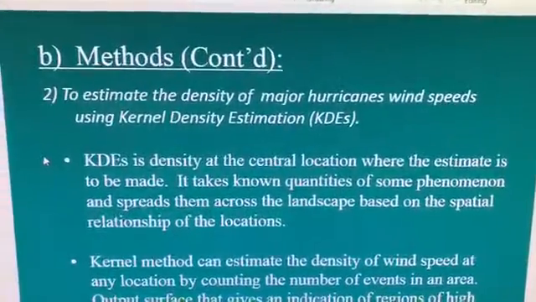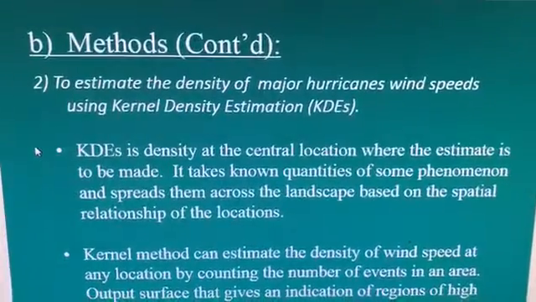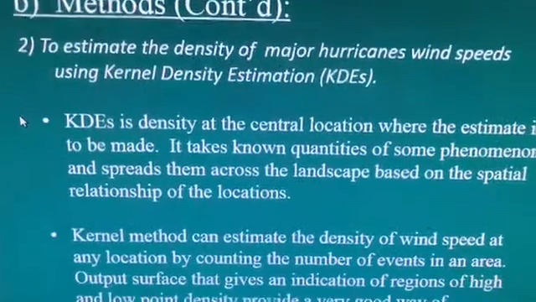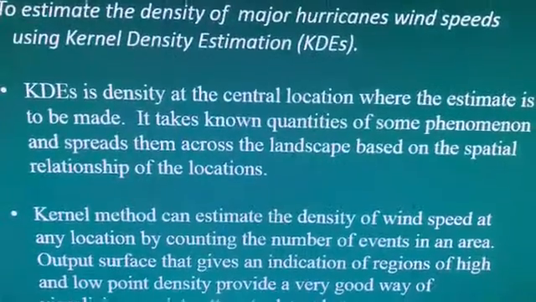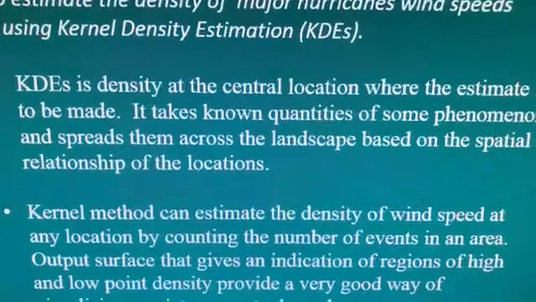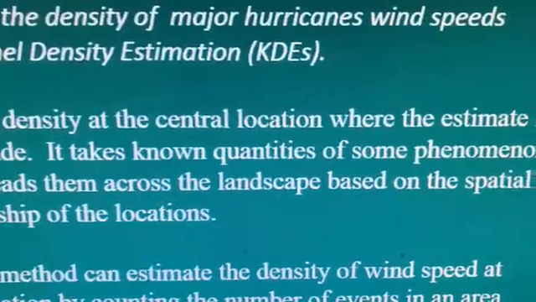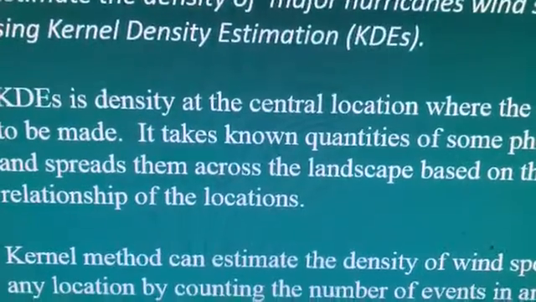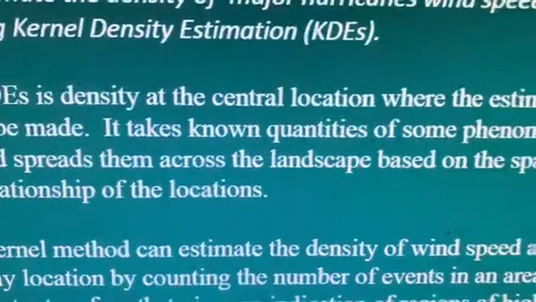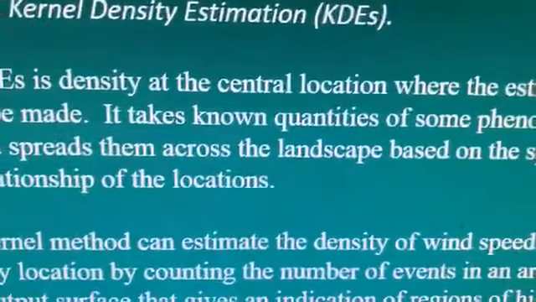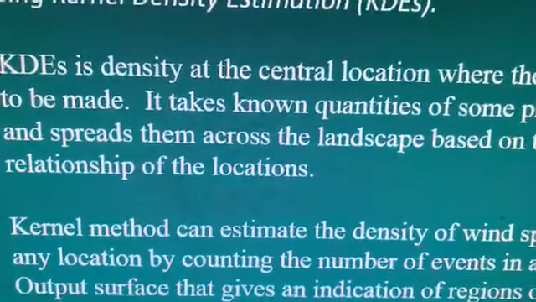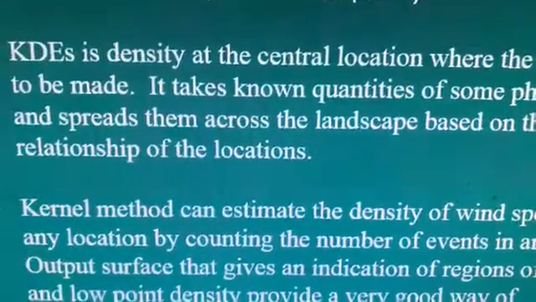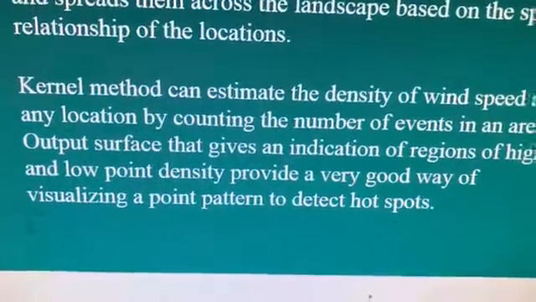This is the second meter, using kernel density estimation based on the wind speed of hurricanes. Kernel density estimation is the density at the central location where the estimate is to be made. It takes known quantities of some phenomena and spreads them across the landscape based on the spatial relationship of the location.